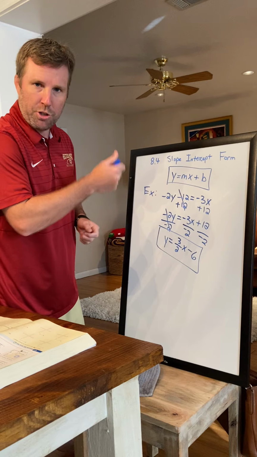If I want you to write it in slope-intercept form, all I want you to do is isolate the y on one side by itself. Get the y by itself. That's the homework tonight. For every single question we have, all you're trying to do is get the y by itself. We're not interested in graphing tonight.